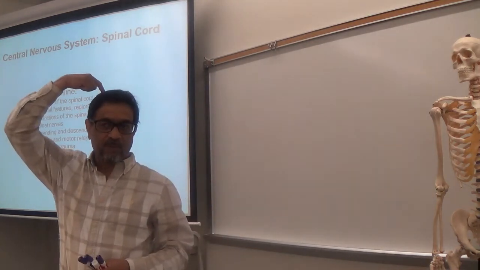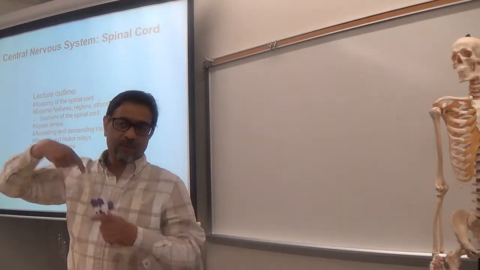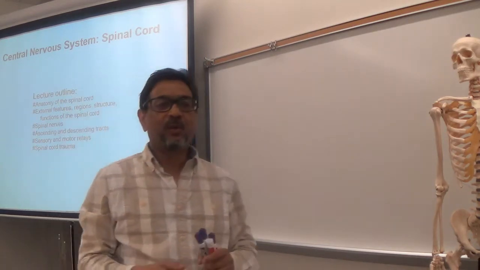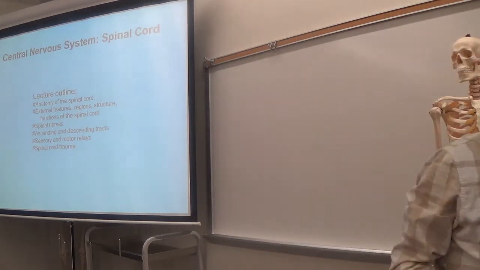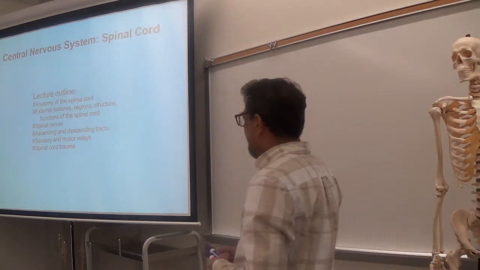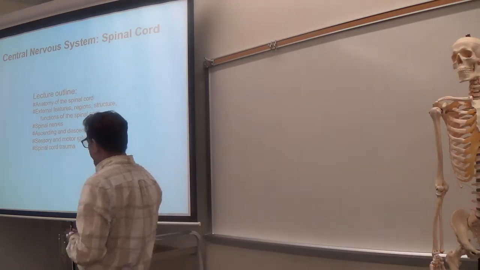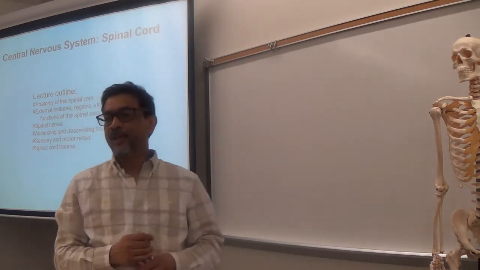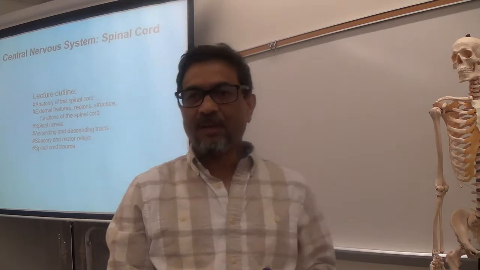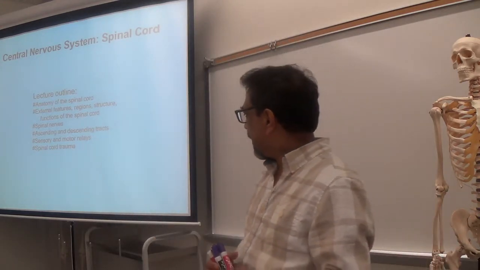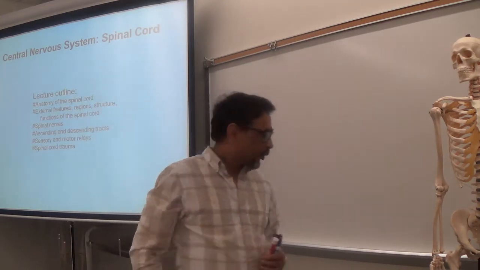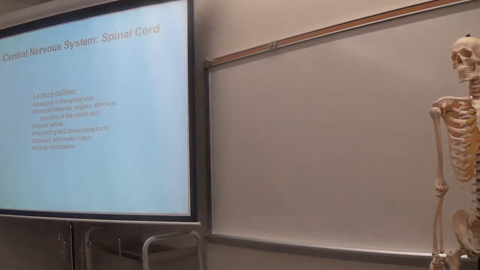When the motor signal gets out from the brain to the muscle, also the relay occurs. Okay? So we'll see the sensory and motor relays. Then we'll talk about the spinal cord trauma, injury to the spinal cord, and what can happen due to injury. So those are the things we'll go over.